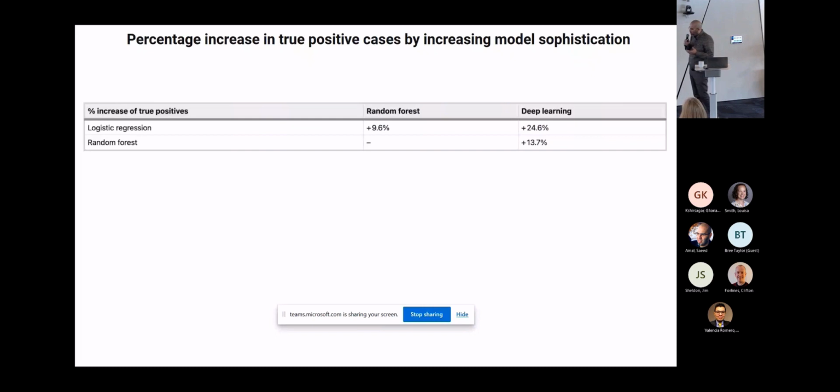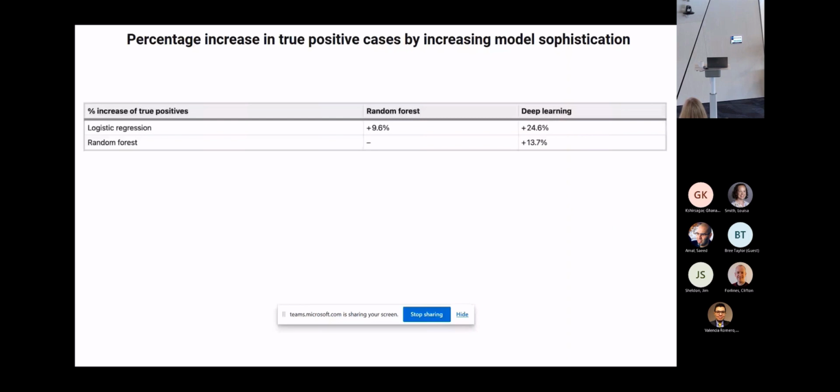So we tried to measure the relationship between how sophisticated the model is and the true positives. And we can see here in this table that the logistic regression is the least sophisticated model.